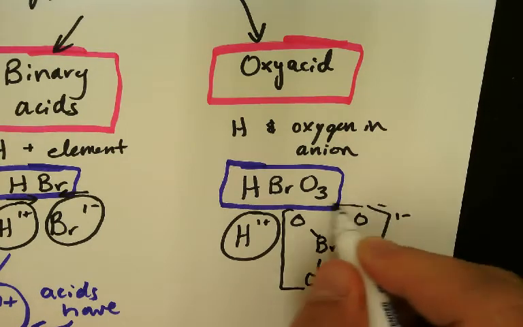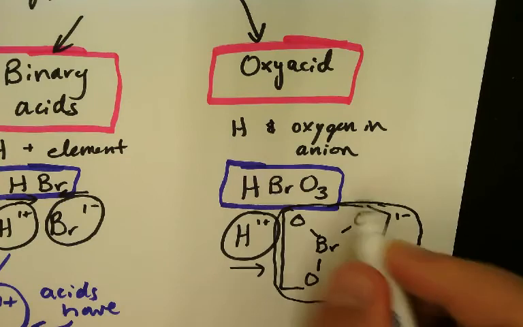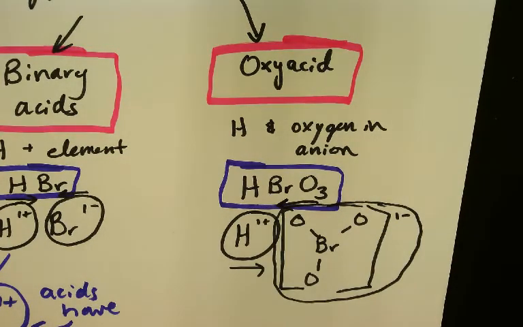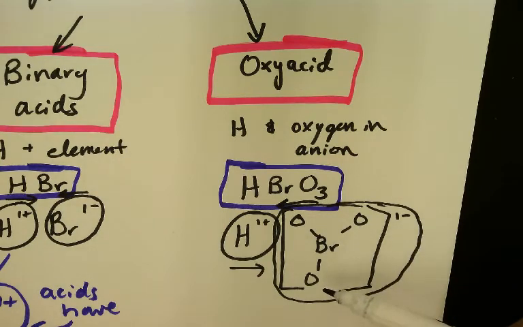So this right here is being attracted to this right here, right? Electrically attracted. Okay, now I have to name this. Do you see the oxygens in the anion? Do you see how our model is helping us name this because we can picture it in our head?